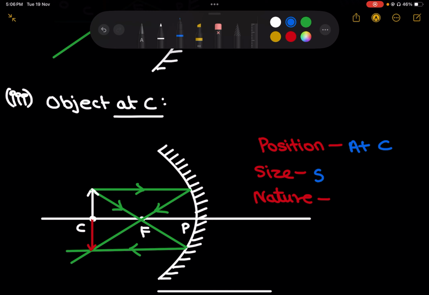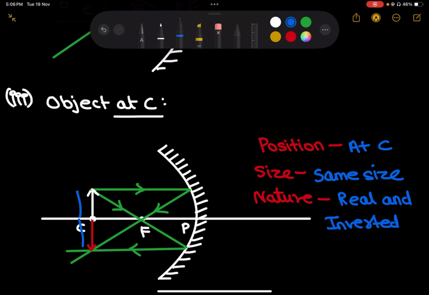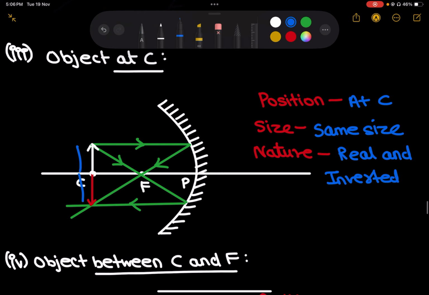So no difference. Same size. As you can see, the size is same, right? There is no difference in the size. And the nature, again you can say it is real and inverted.